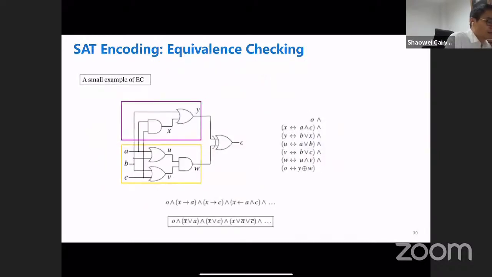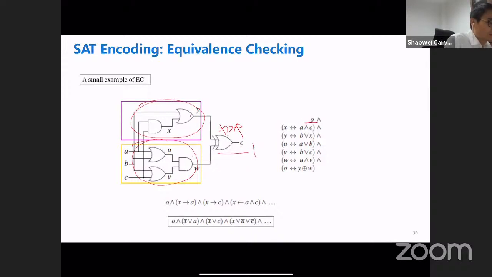Okay, so this is an example. I take it from Bill's slides. It checks whether these two small circuits are the same. These two circuits are connected by an XOR, and we try to find an assignment that makes this 1.